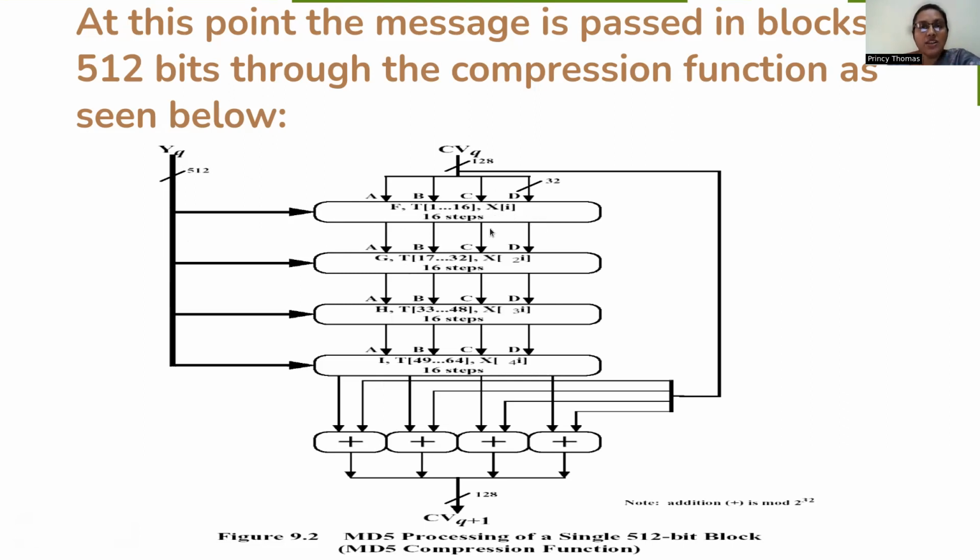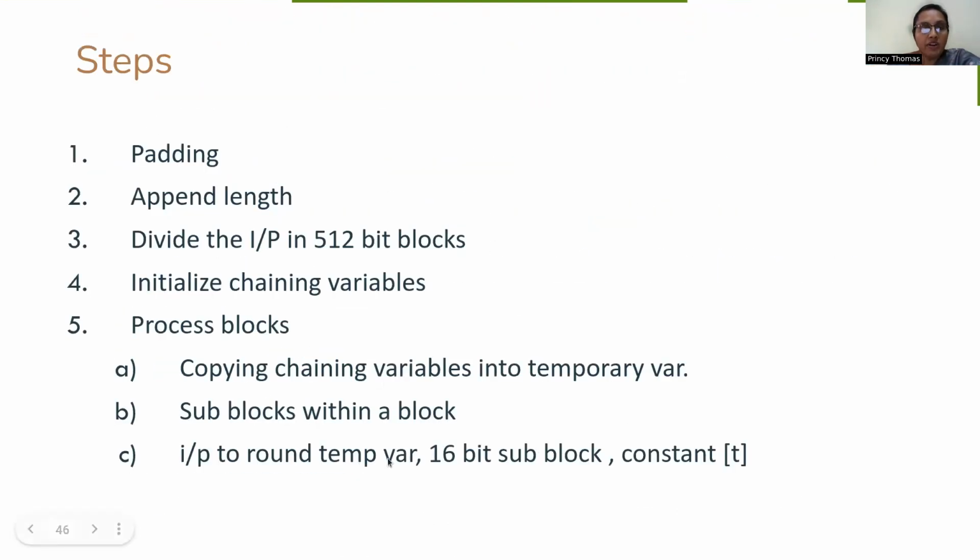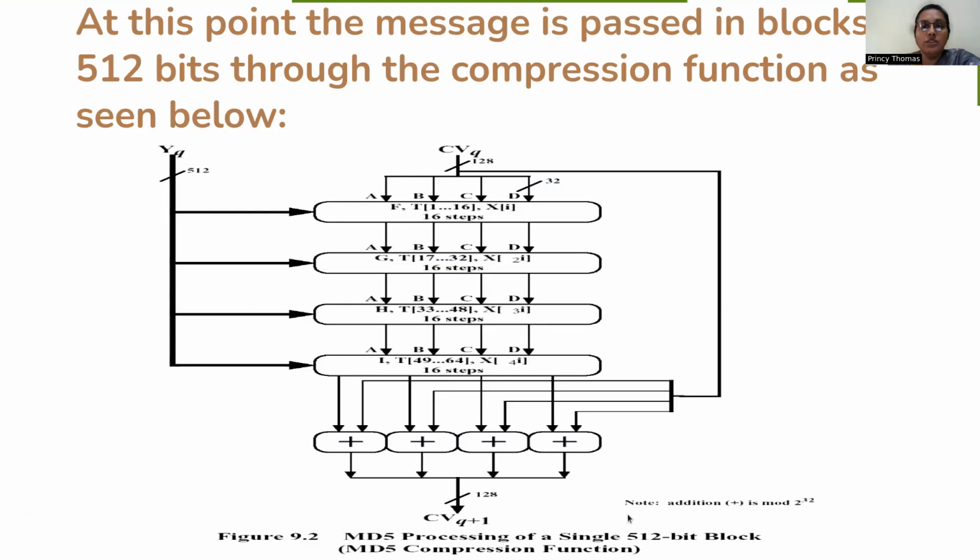Okay, so X of i, we saw earlier that the temporary variables are there. The temporary variables are the chaining variables, which are A, B, C, D. A 16-bit subblock is input, that is got from the 512-bit blocks. And then there is a constant value T. That constant value is what is mentioned over here as T of i, and so on.